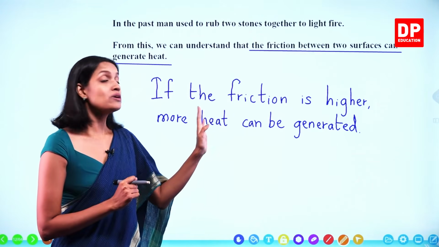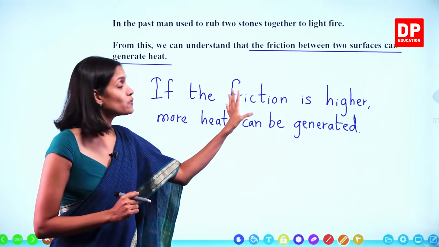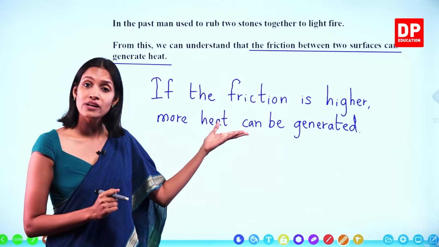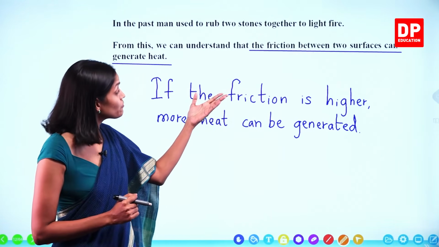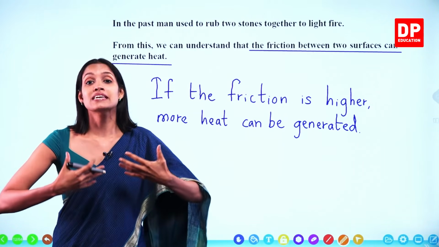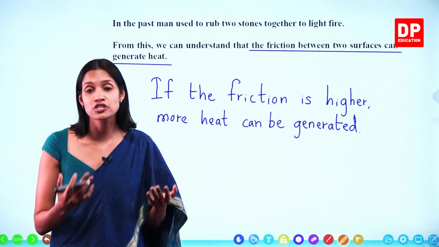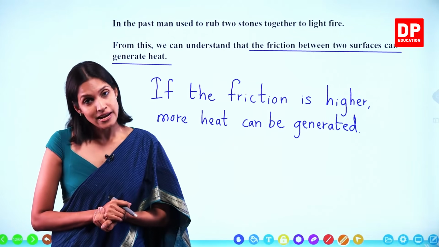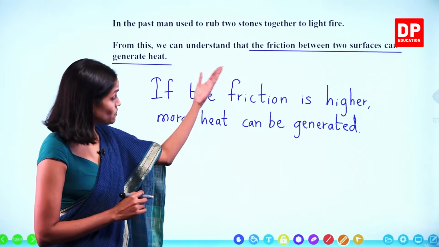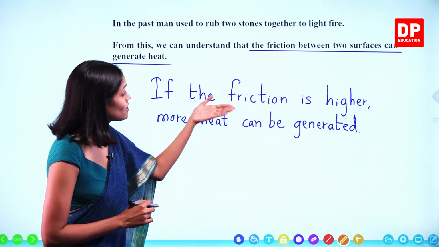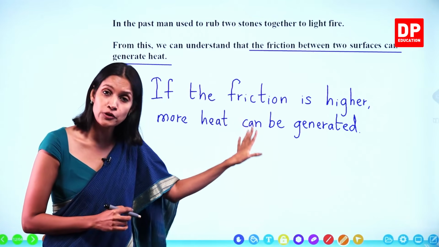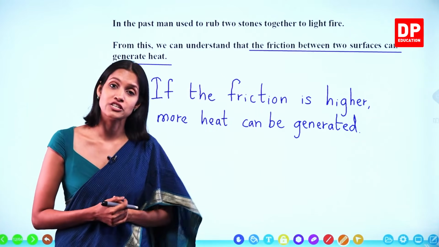When we put lubricants, the friction between the machine parts reduces. Otherwise, what will happen if the friction between the machine parts is higher? Then the machine gets heated up and it disturbs the functioning of the machine. Therefore, sometimes the heat created by friction is very important, and sometimes we have to reduce the heat created by friction.